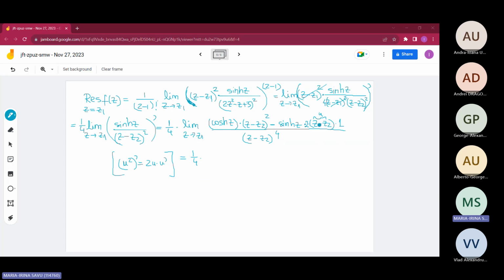You see that z minus z2 appears here and also here, so after simplification you have a cube here. And now I have to replace z by z1, so I have hyperbolic cosine of z1 times (z1 minus z2) minus hyperbolic sine of z1 times 2, over (z1 minus z2) cubed.